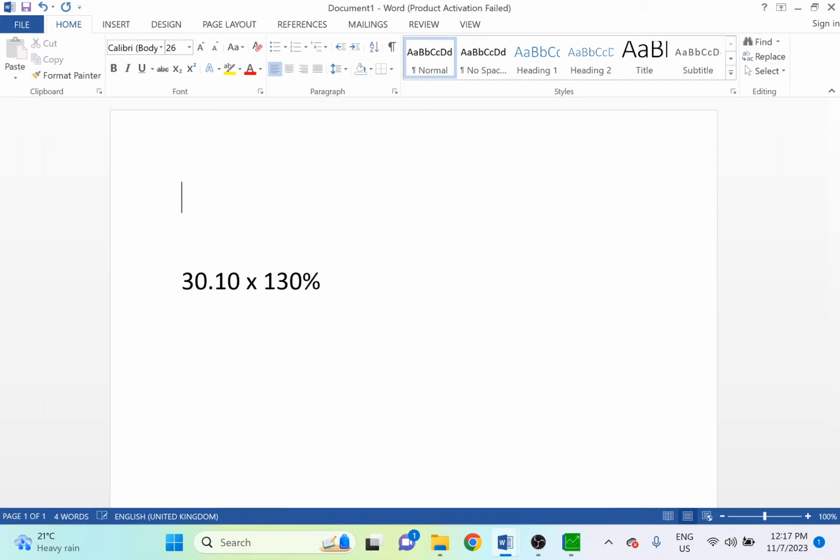It's cost price plus profit equals selling price, whereas cost price is 100%, profit is 30%, which equals selling price will be 130%. So now what are we looking for?